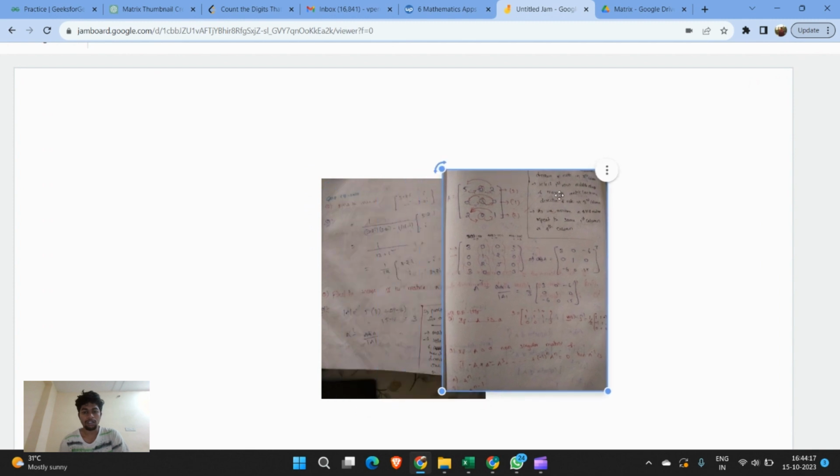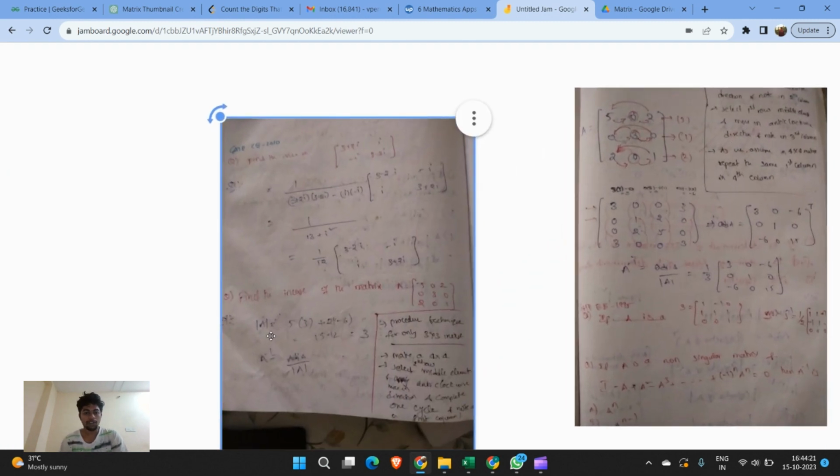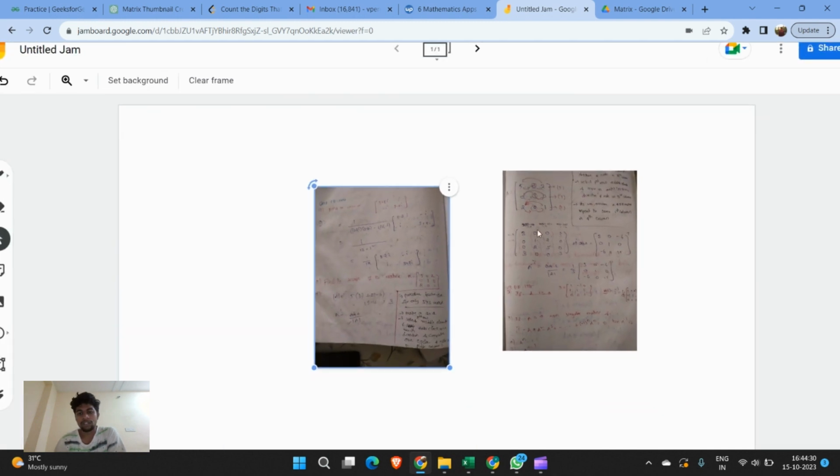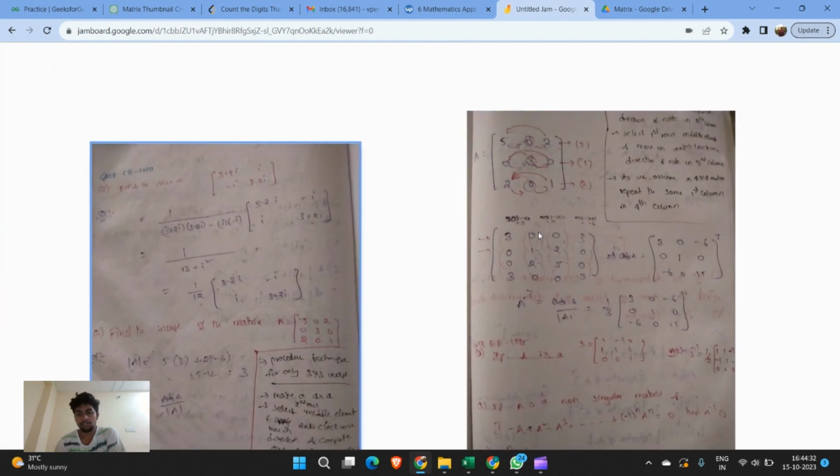In this example it's already worked out how to find the determinant of the A matrix. You got the value as 3, then you have to find the adjoint matrix. There is one technique for this. Take this matrix and assign the numbers like this: 1, 2 and 3. Second row consider as 1, third row as 2, and first row as 3.